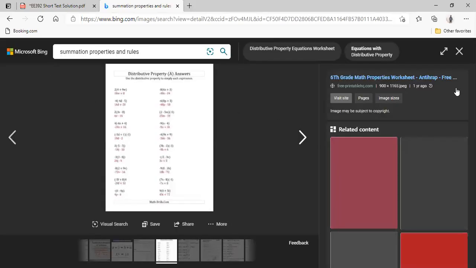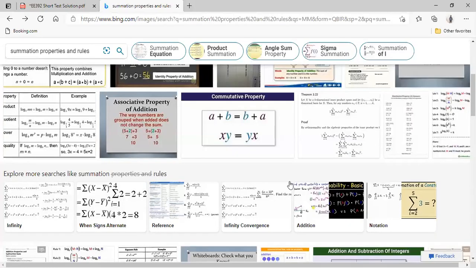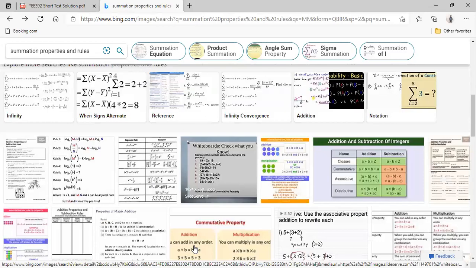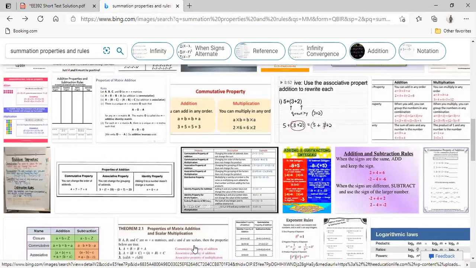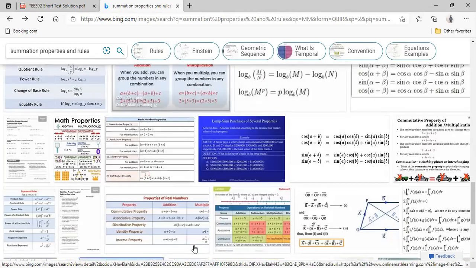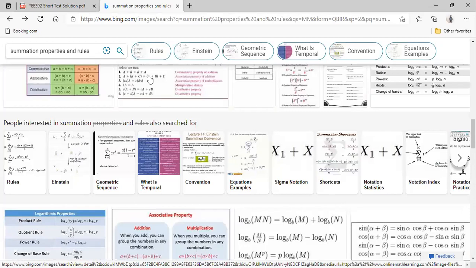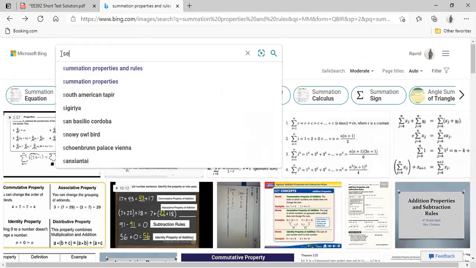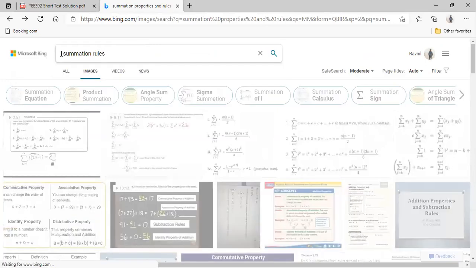Just hold on a sec. Let me look up a table for properties of summation, which you can use. Summation rules. Let's see.